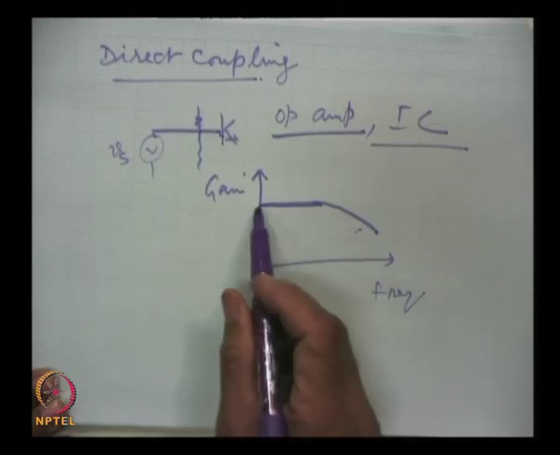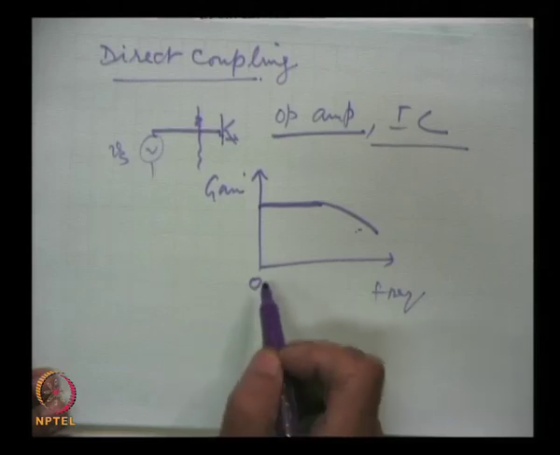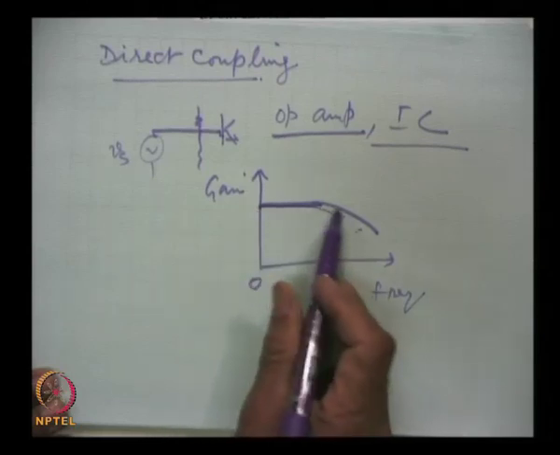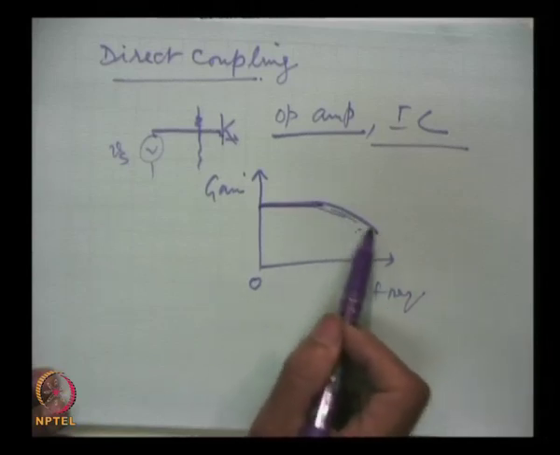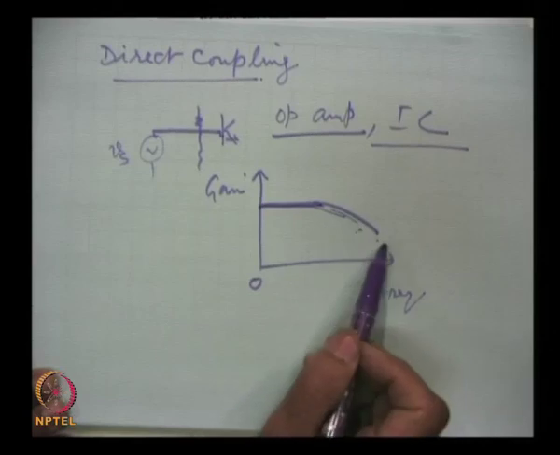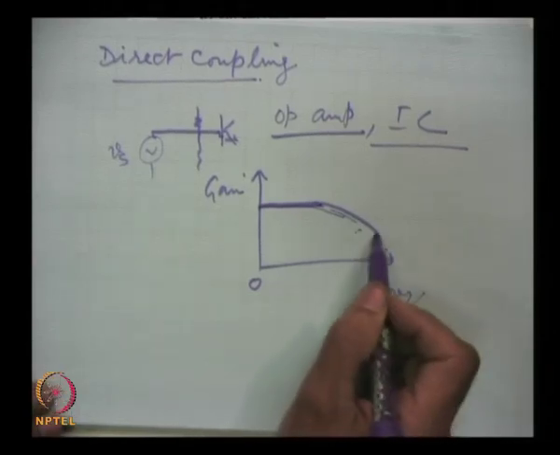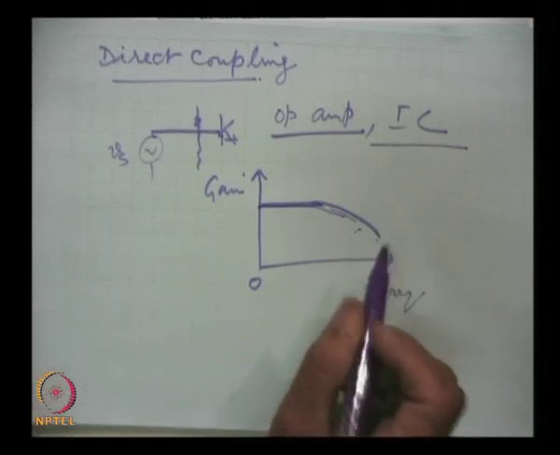The other is that there is no limit on the lower frequency; right from DC to higher frequencies you can couple. Of course, at very high frequencies beyond the midband the cutoff will be there, and that is because of the junction capacitances.